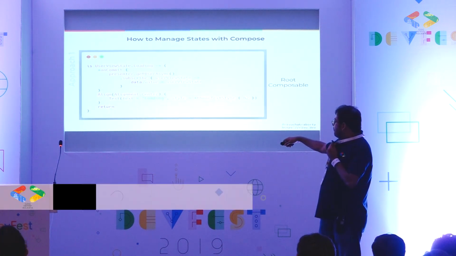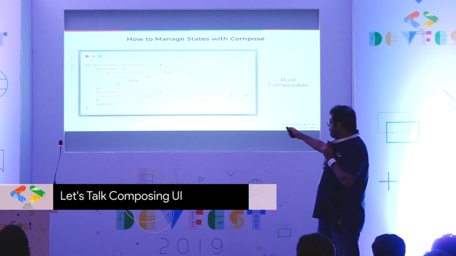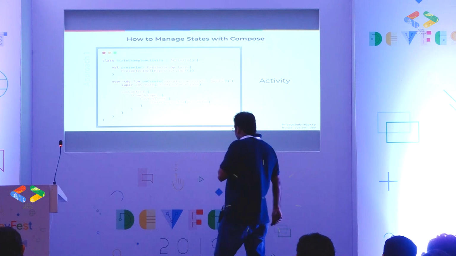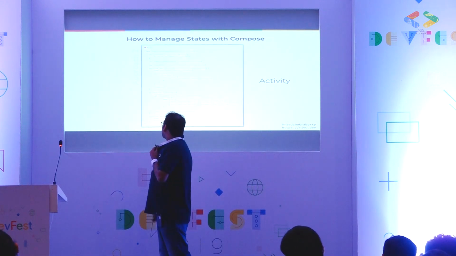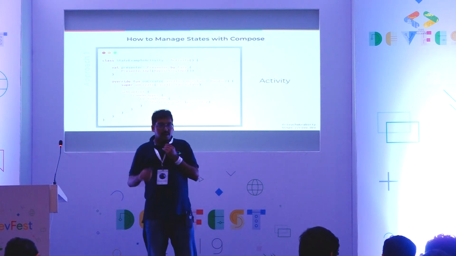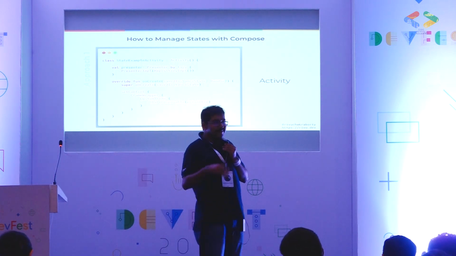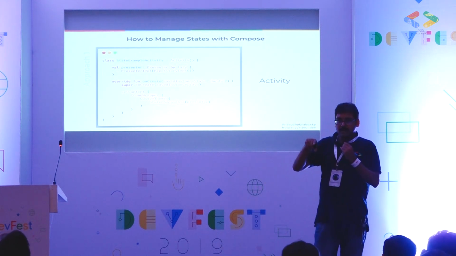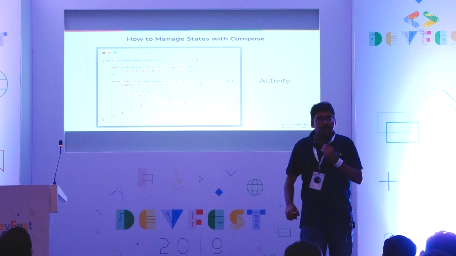Yeah, so this is the activity code, clean, but we are passing the presenter here, and all the logic is inside the composable. That means all the logic is inside your UI part. Most people don't like it.